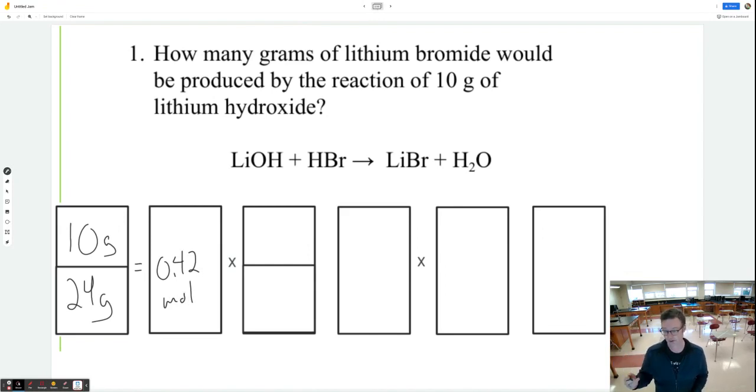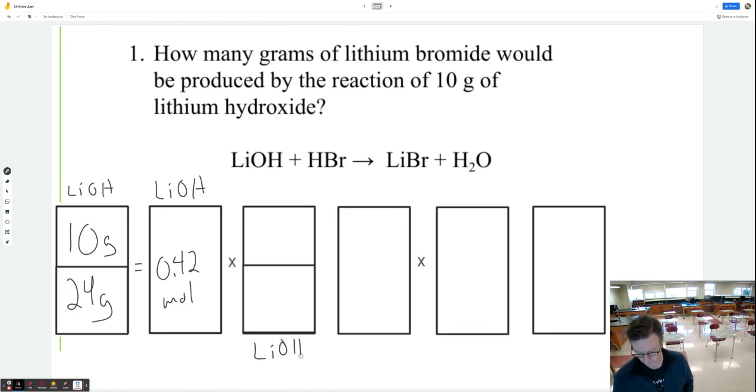Here's another thing that I like to do sometimes with these, to just kind of keep straight in my head what I'm working with. So this is lithium hydroxide. That's what I was given. This is also lithium hydroxide, and I converted it to moles of lithium hydroxide. In the mole ratio, this is where things flip, and we transition from what we were given to what we are trying to find.